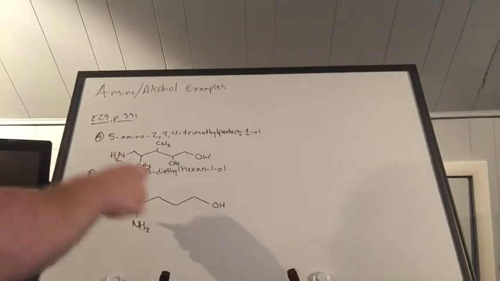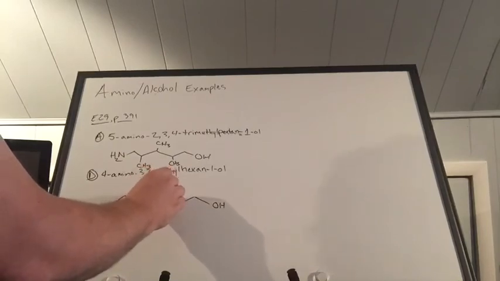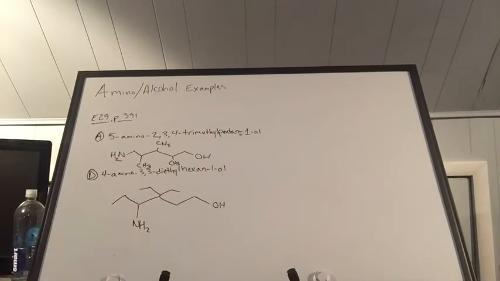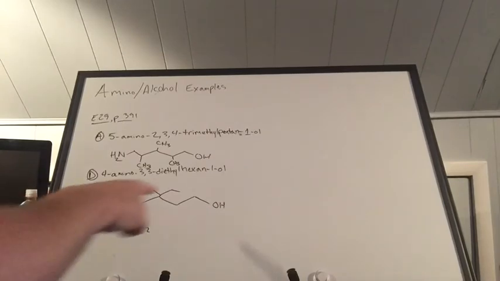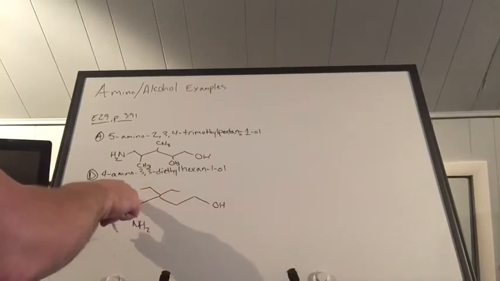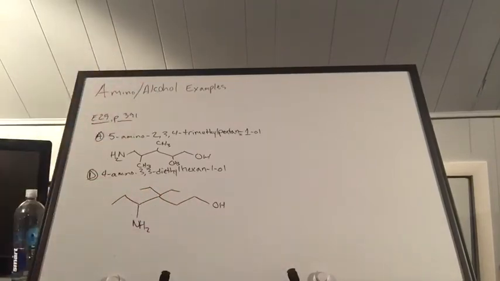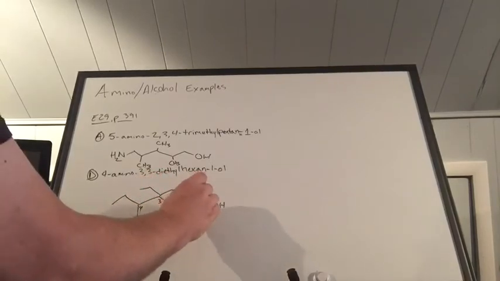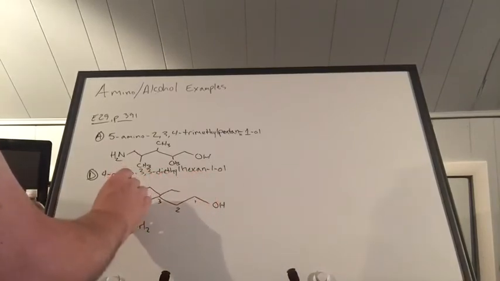Okay, and then we have 2 ethyl groups, so we'll put diethyl right here. And our longest chain is going to be 1, 2, 3, 4, 5, 6, so we're good. So this is going to be 3, it's going to be 4, it's going to be 1, okay, 5, 6.